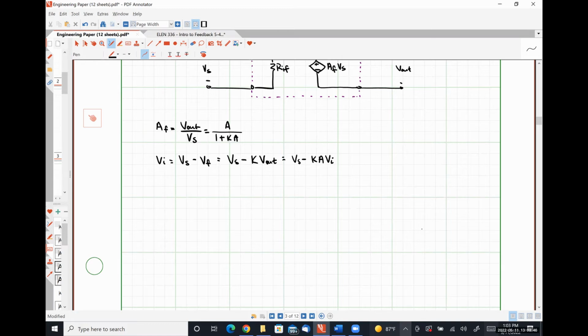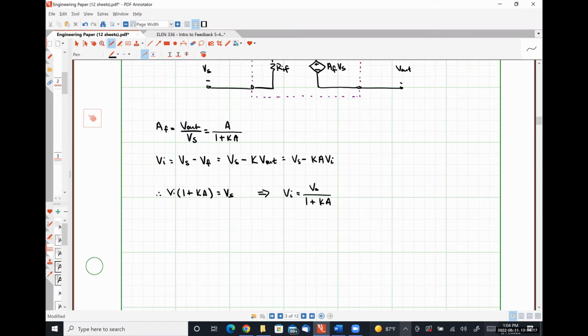We can rearrange this to see that Vi times 1 plus KA is equal to Vs, or in other terms, Vi is equal to Vs over 1 plus KA.